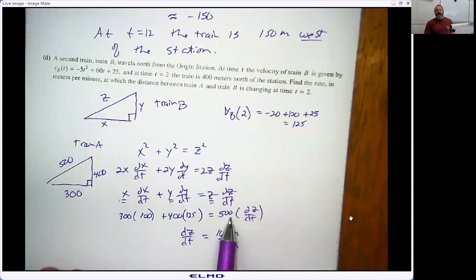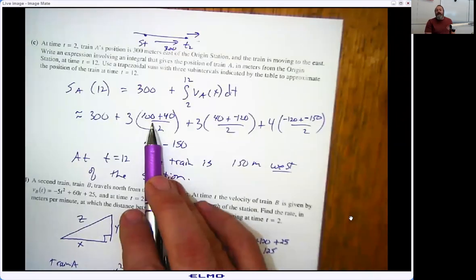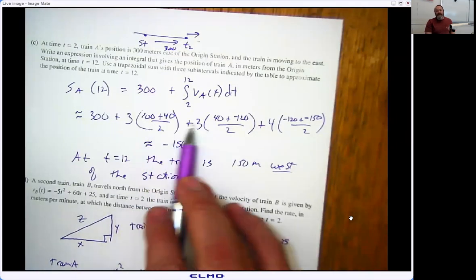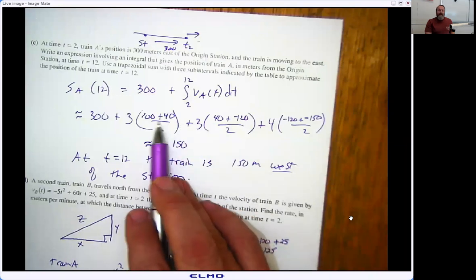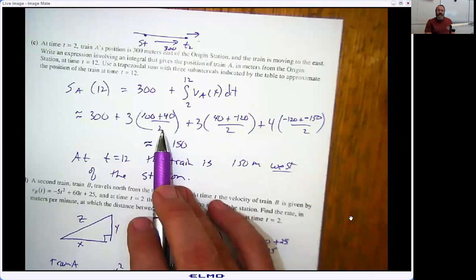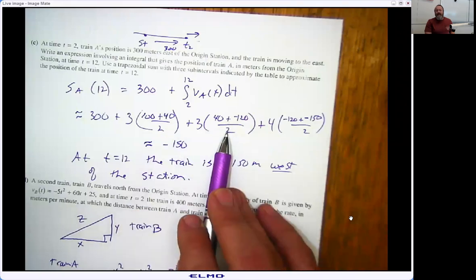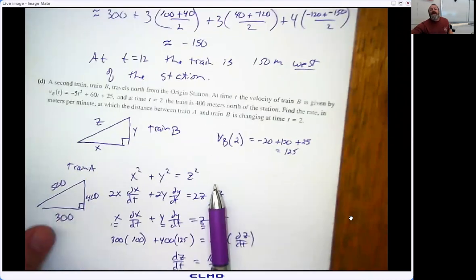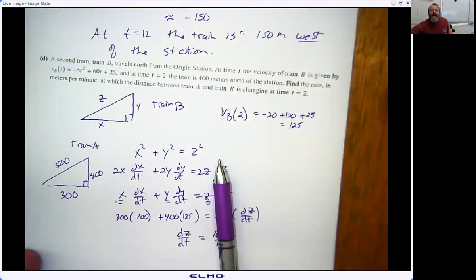Of course, I don't think anybody's going to be shaken too much by dividing by 500. Notice up here, those are not super nice numbers, but they're not particularly aggressive, you know, 240 divided by 2, 140 divided by 2, or negative 80 divided by 2.